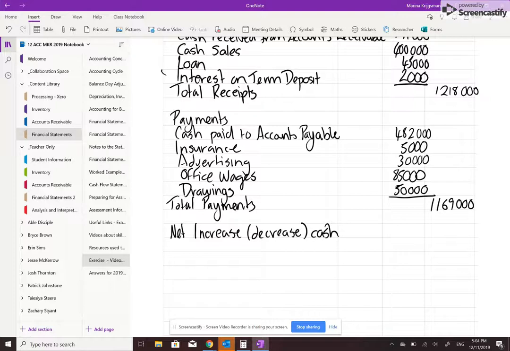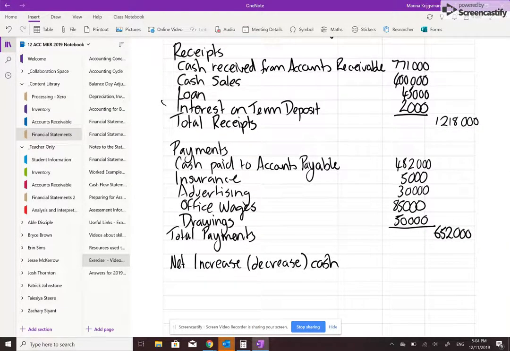Oops, let's try that again. 482,000 plus 5,000 plus 30,000 plus 85,000 plus 50,000. Yep, 652,000. And we're just going to check our total receipts, because I didn't do that last time. 771 plus 400 plus 45 plus 2.